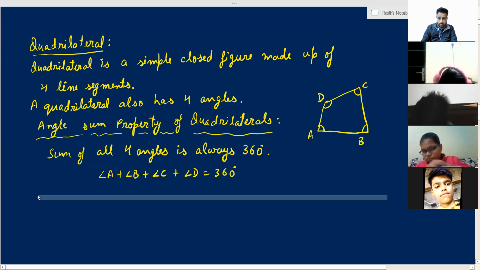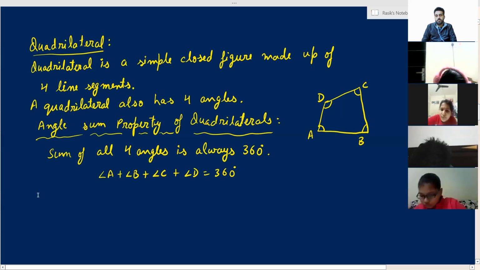Sir, please wait. I'm on sum of all four angles. ठीक है बेटा, ठीक है, जल्दी करो.